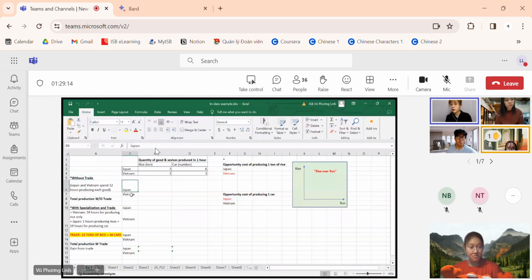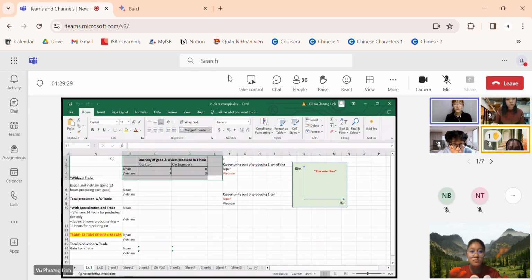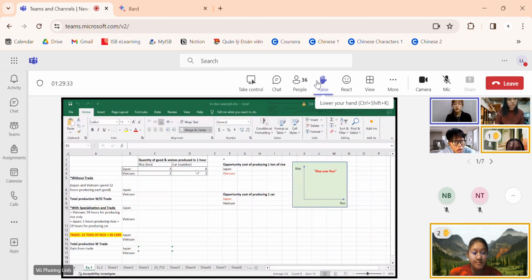How can they benefit from their comparative advantage, from their specialization, in the trade market here? Right, so at first, by looking at the first table, what is your conclusion for that exercise?